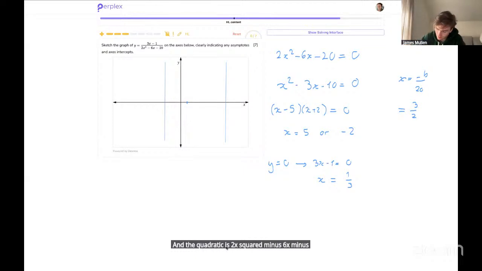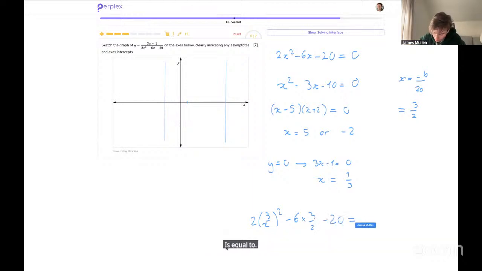So let's plug that in. 2 times (3/2)² - 6 times 3/2 - 20 is going to be 9/4 times 2, so 9/2 - 9 - 20. So 9/2 - 29 is going to give me, 29 times 2 is 58, so -49/2.